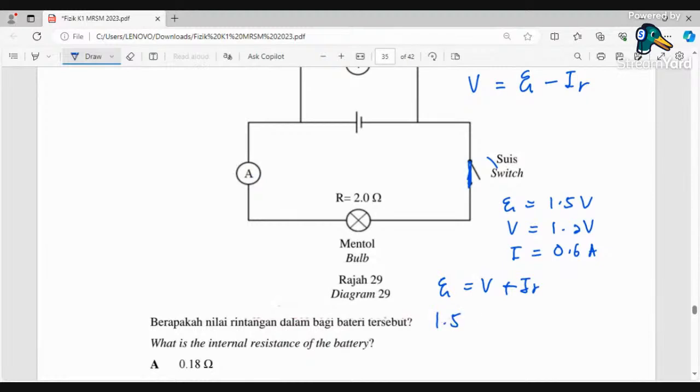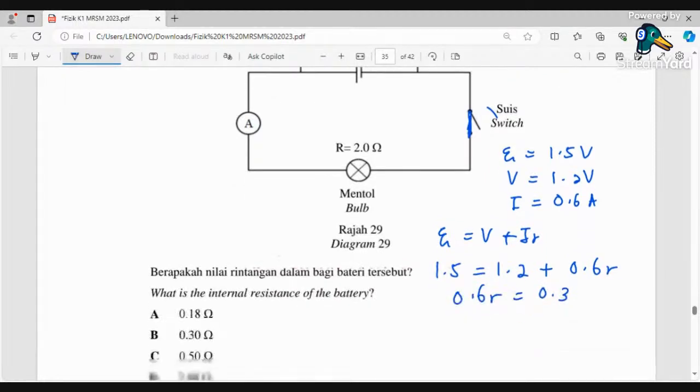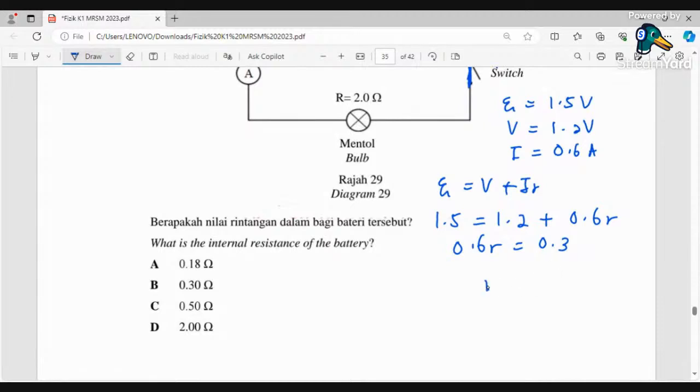So 1.5, 1.2, 0.6 r. So 0.6 r ialah 0.3. We get r equals to 0.5 ohm. Okay, that one is internal resistance of the battery.